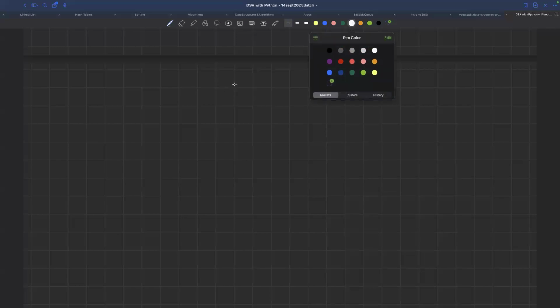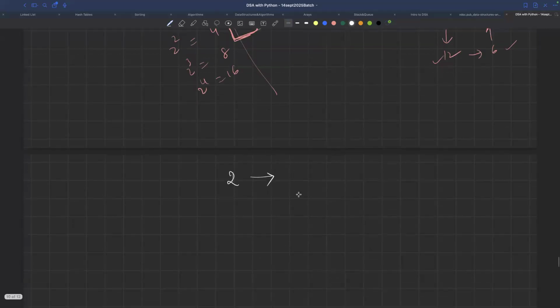If it is 2 floors, then how many steps will it take you?